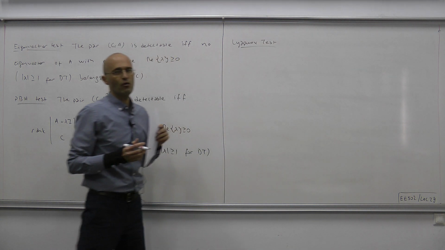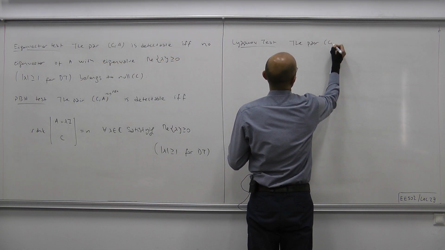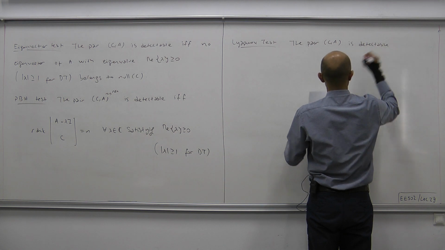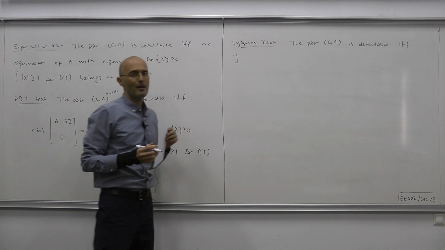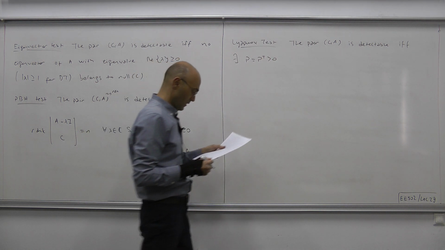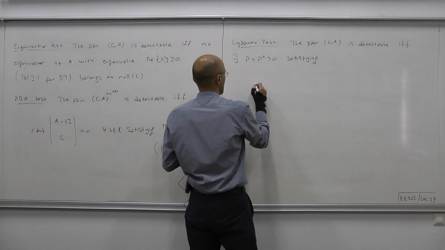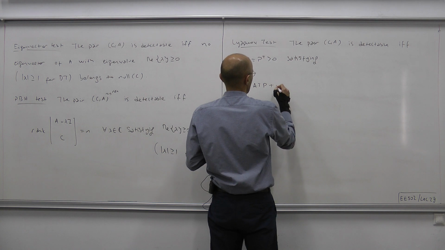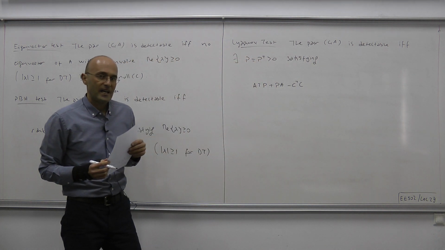Now let's also talk about the Lyapunov test. So this is the Lyapunov test for detectability. The pair CA is detectable if and only if we can find a symmetric positive definite matrix P such that the following matrix inequality holds: A transpose P plus P A minus C transpose C is a negative definite matrix.